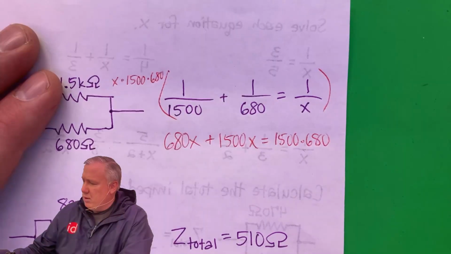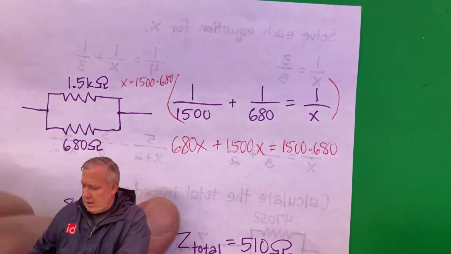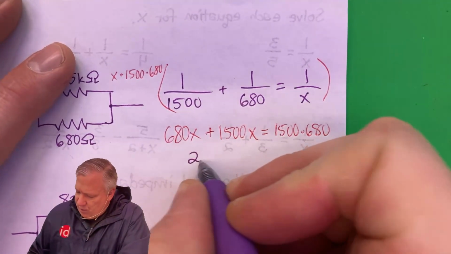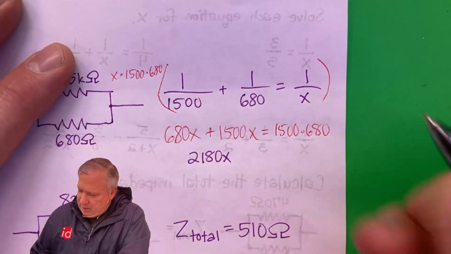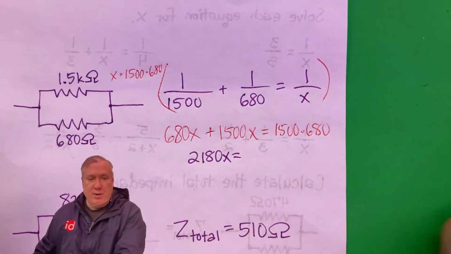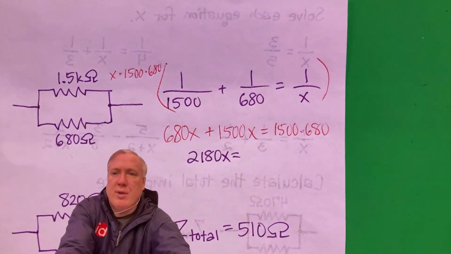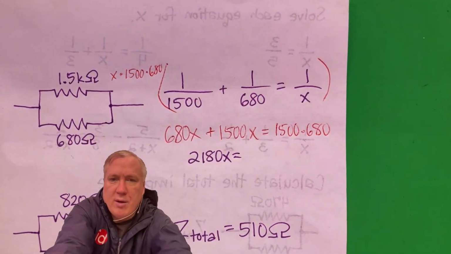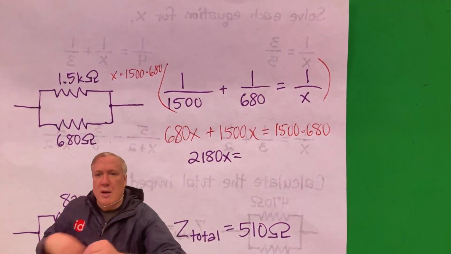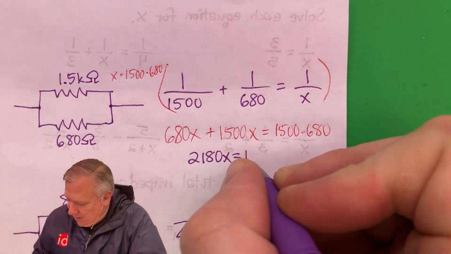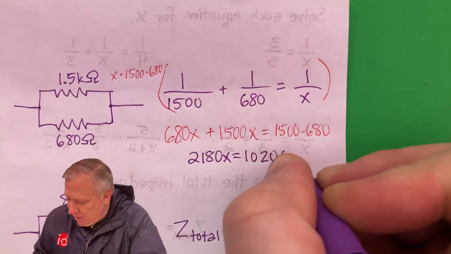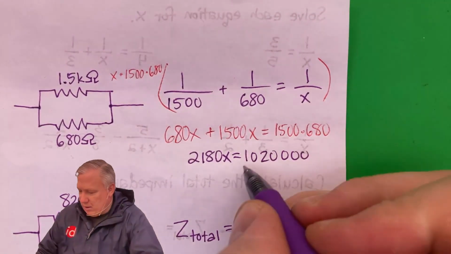At this point, there's basically two things left to do. You can add those two together and get 2180x. And then you can multiply those two together on a calculator. Let me do this quickly. 1,500 times 680, and I get 1,020,000. Okay.